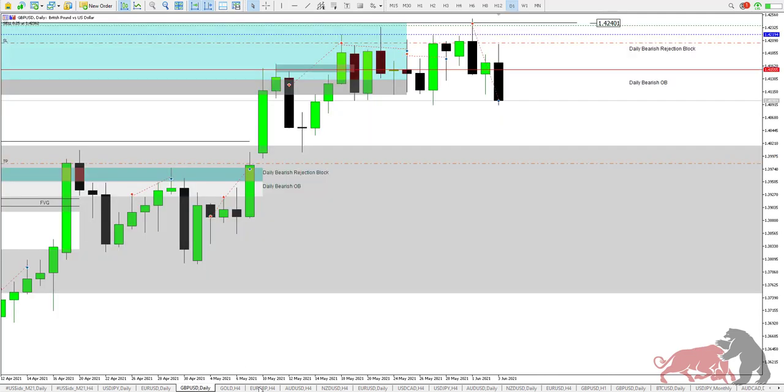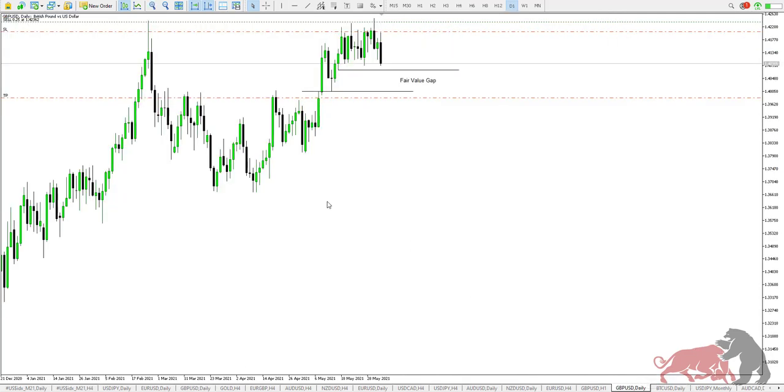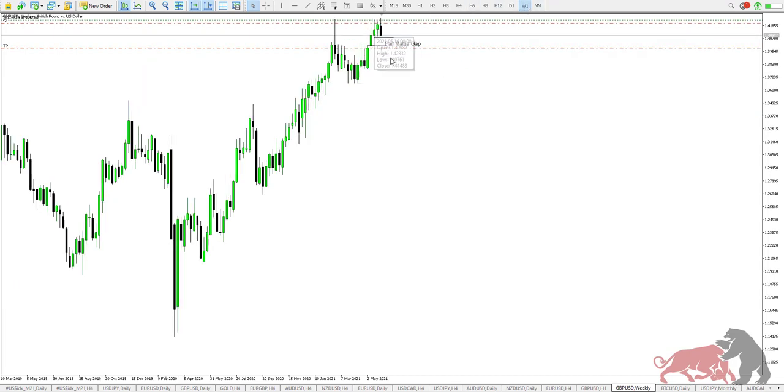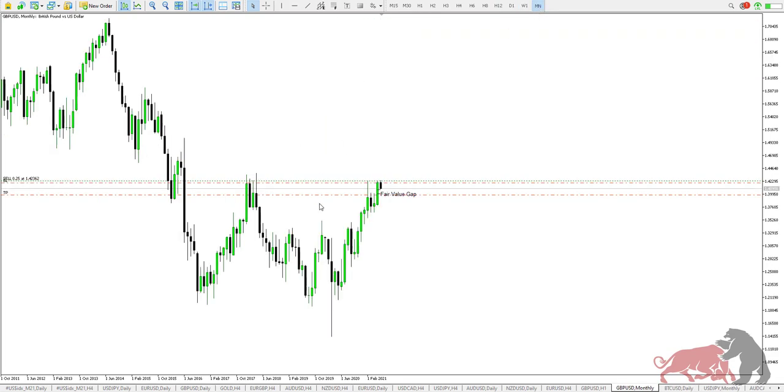Now coming back to pound USD, the fact that I'm only moving my stop loss to today's high, I'm giving the market room to breathe. I don't want my stop to be too tight, otherwise market is just going to reverse and close the position and then eventually fall off the cliff, because I'm expecting price to continue with the bearish momentum, because price has now respected this level here.